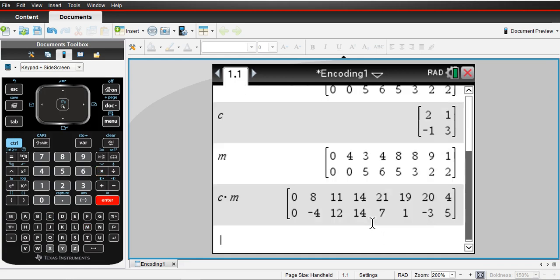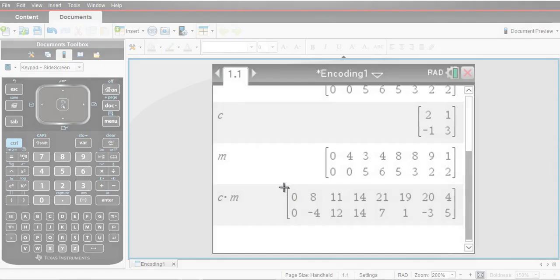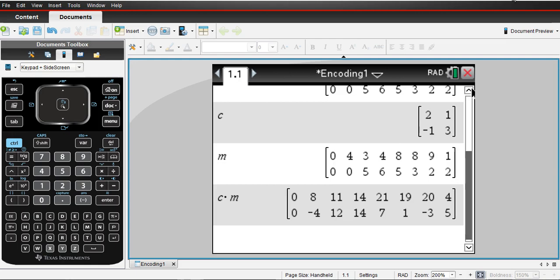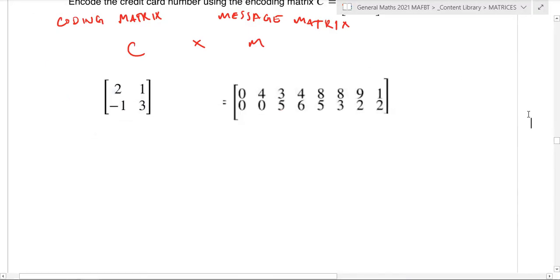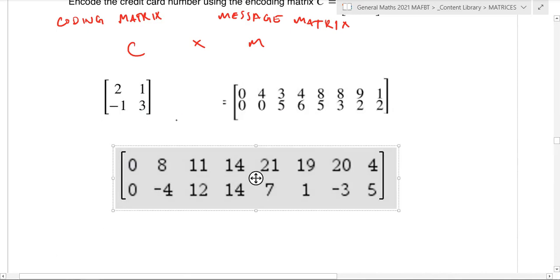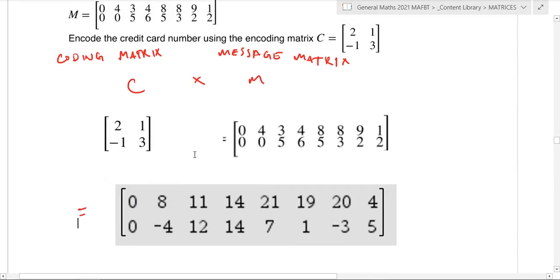So C times M, and now you get a mixed up bunch of numbers that is not your credit card number. So there is the answer. C times M, and we get this. Okay, so that is how we encode a matrix.